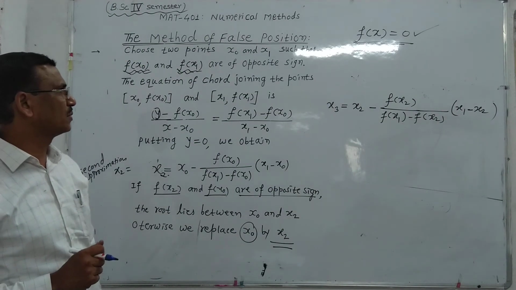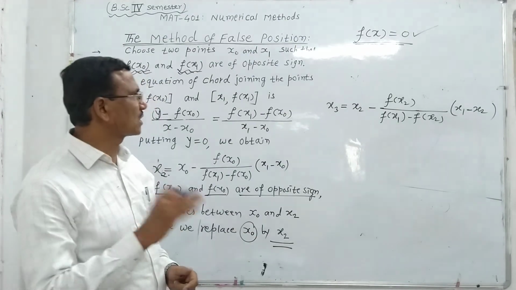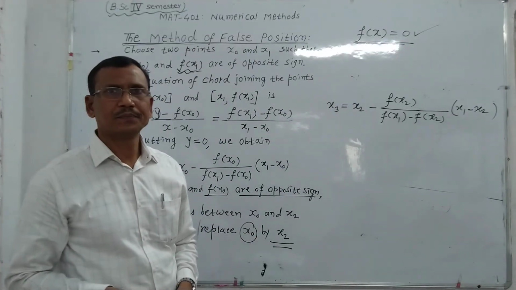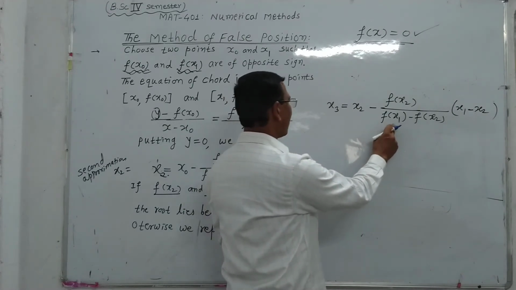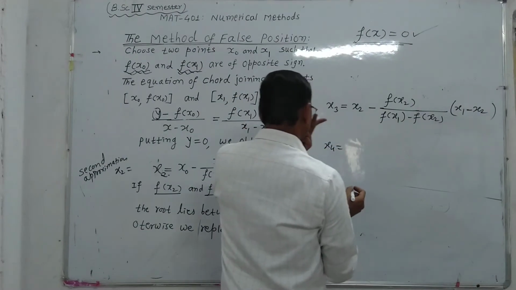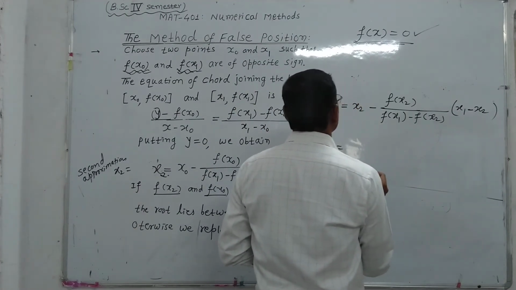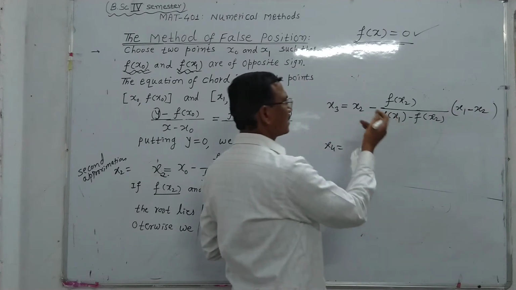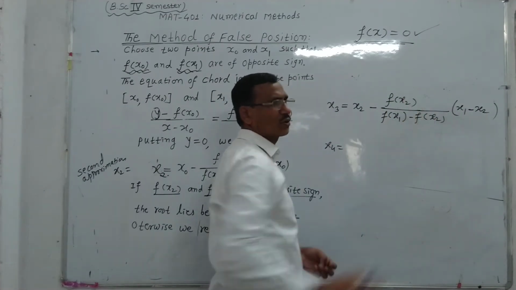What will be the next approximation? To obtain x4 we have to replace x1 by x3. That means x4 = x2 - f(x2)/(f(x3) - f(x2)) and so on.